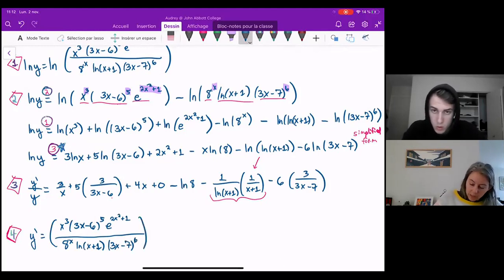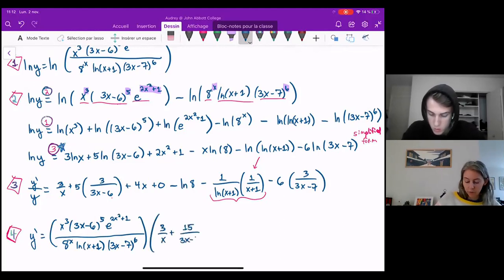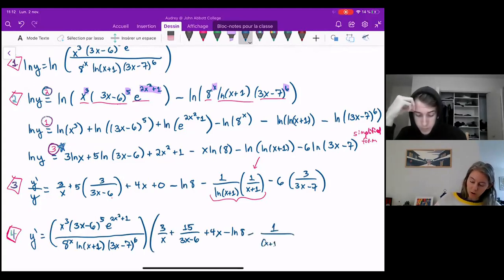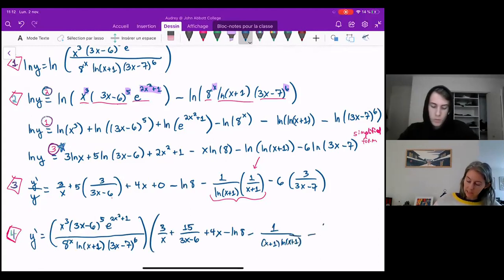Good. Times that derivative that we just took there, plus 15 over 3x minus 6 plus 4x minus ln 8, minus 1 over x plus 1 ln of x plus 1 minus 18 over 3x minus 7.